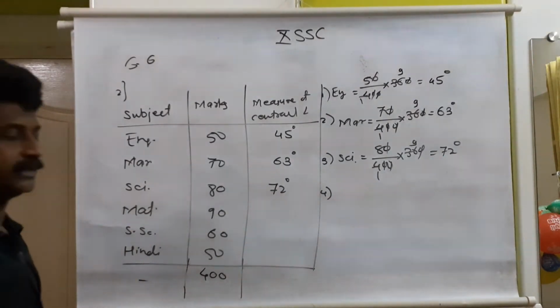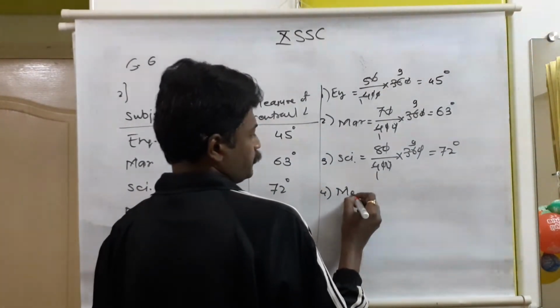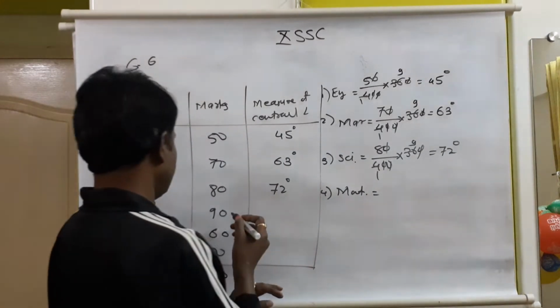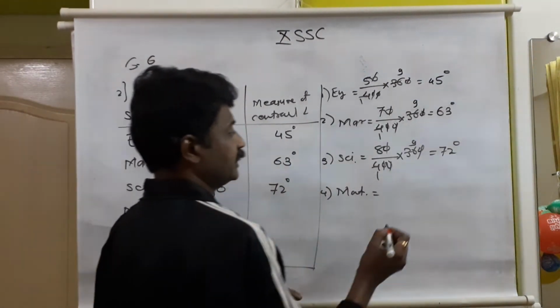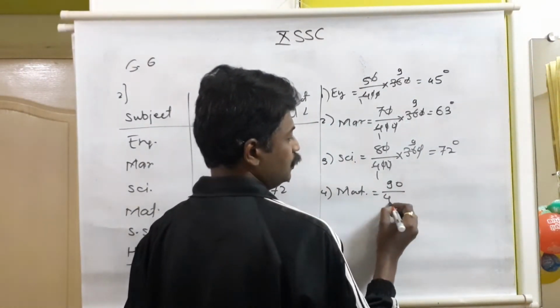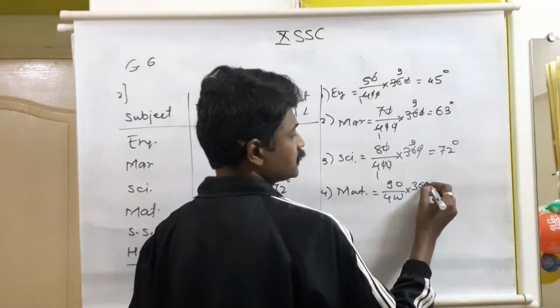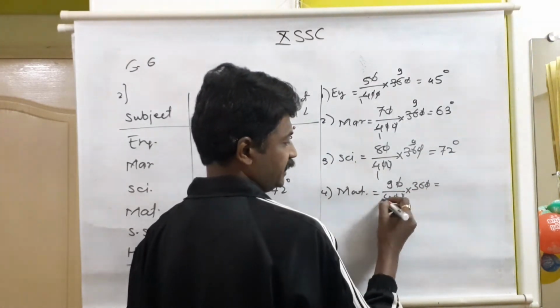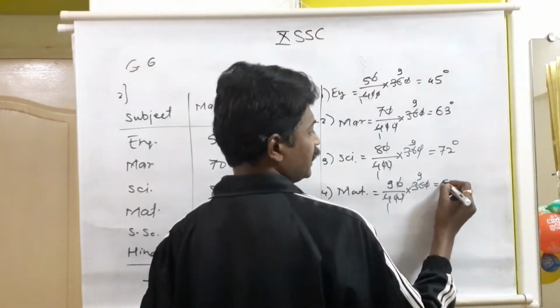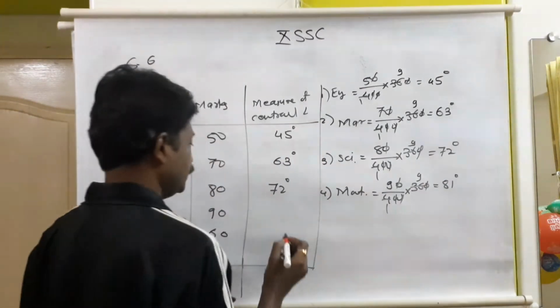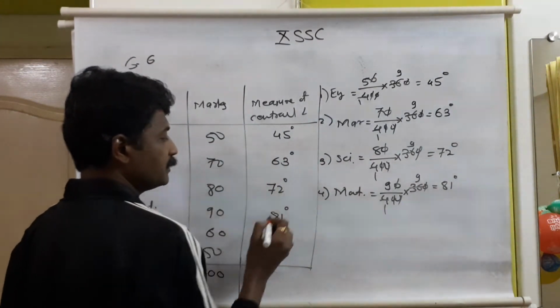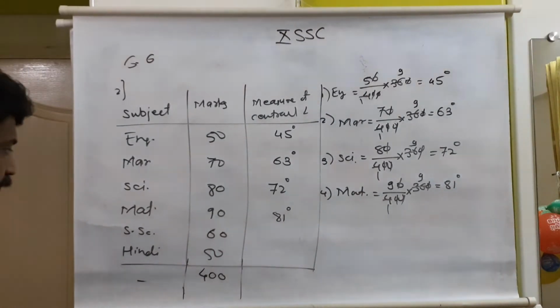Subject number 4 is mathematics. For mathematics, the child scored 90 marks out of 400. 90 out of 400, then out of 360, how many? 2 zeros get cancelled, 4 ones are 4, 9 nines are 81. 81 degree will be the angular measurement for subject maths.